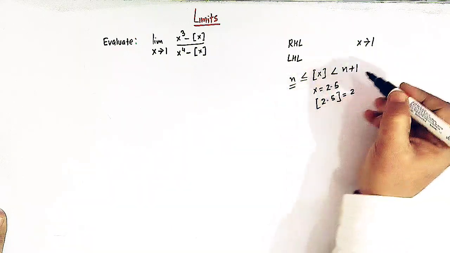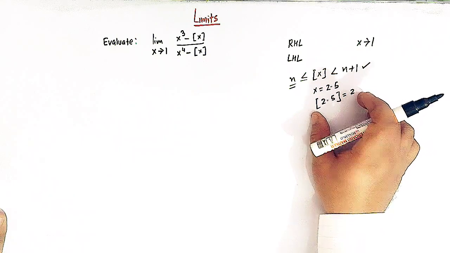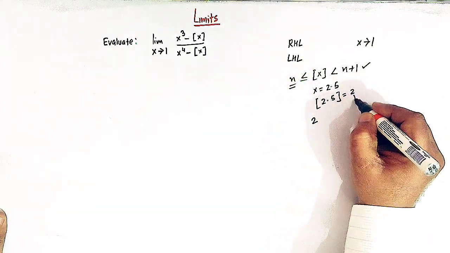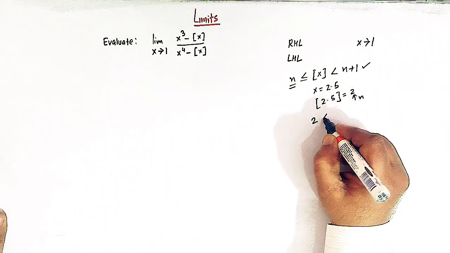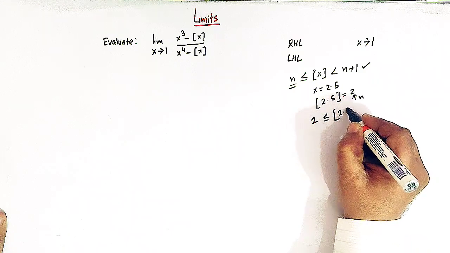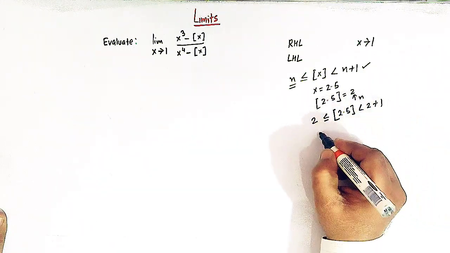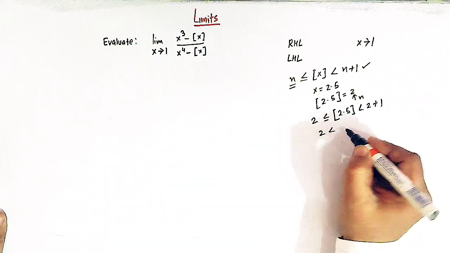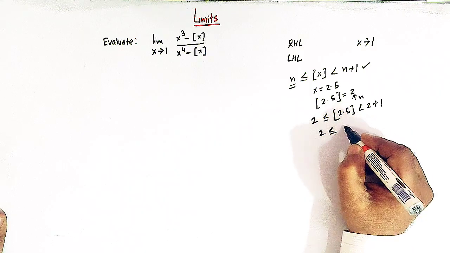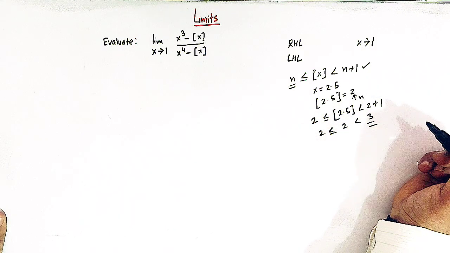So we can use this inequality to illustrate this expression. n is 2, so we have n less than or equal to the greatest integer of 2.5, less than 2 plus 1. We can write 2 less than or equal to the greatest integer of 2.5, which is simply 2, less than 2 plus 1, that is 3.